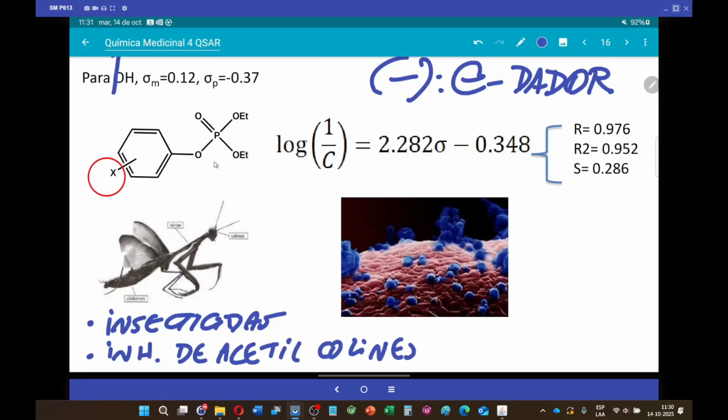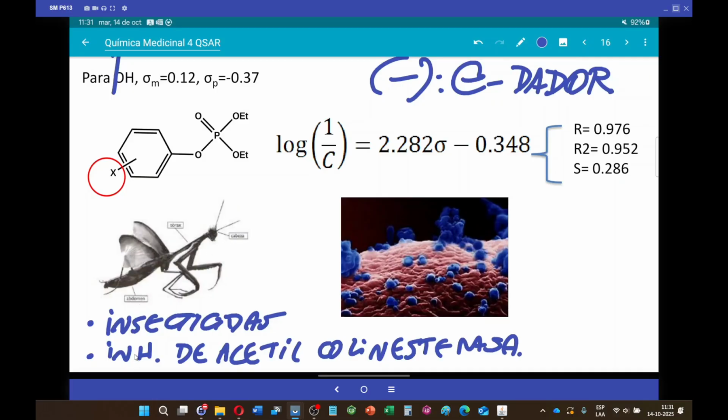Acetylcholinesterase is an enzyme that is found both in insects and in humans. In insects, when we inhibit acetylcholinesterase, the effect is so fast that the insect dies. It produces an instant neurological paralysis effect.